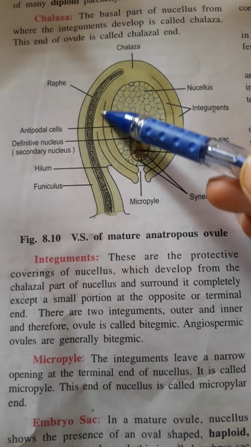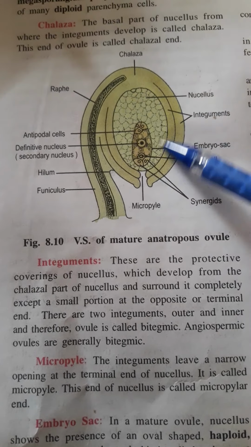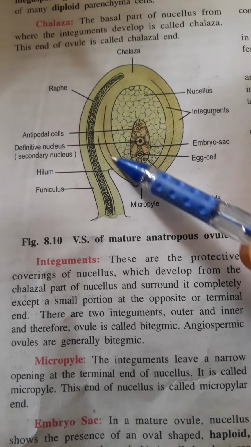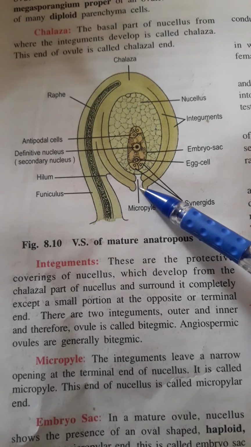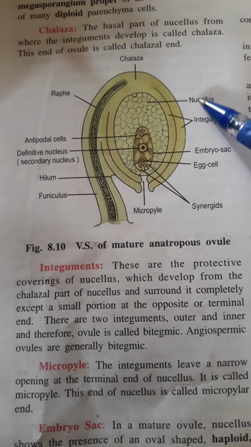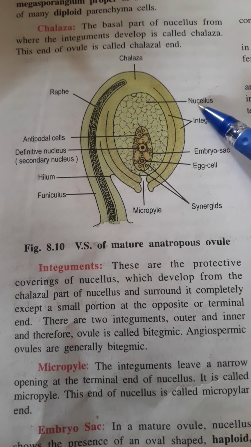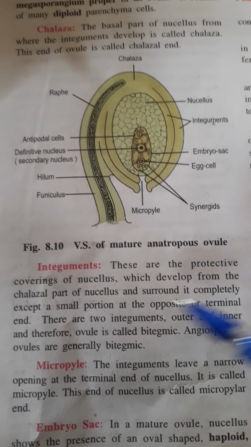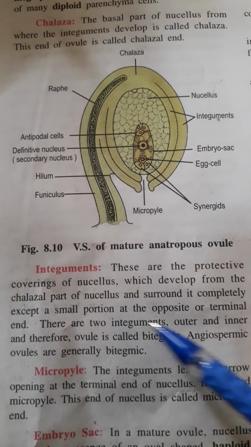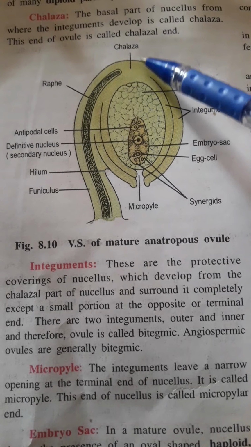What is this? This is nucellus. What is this doing to the nucellus? It is protecting it. So what is the function of the integument? Protection, of the nucellus. And it surrounds it completely except a small portion at the opposite or terminal end.